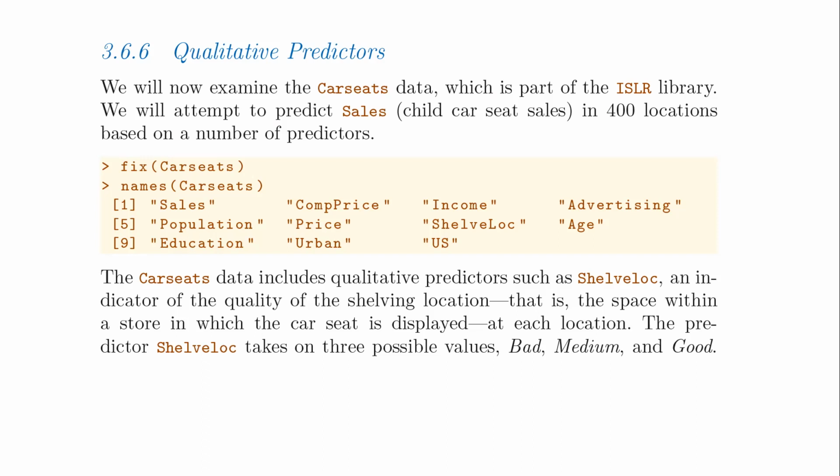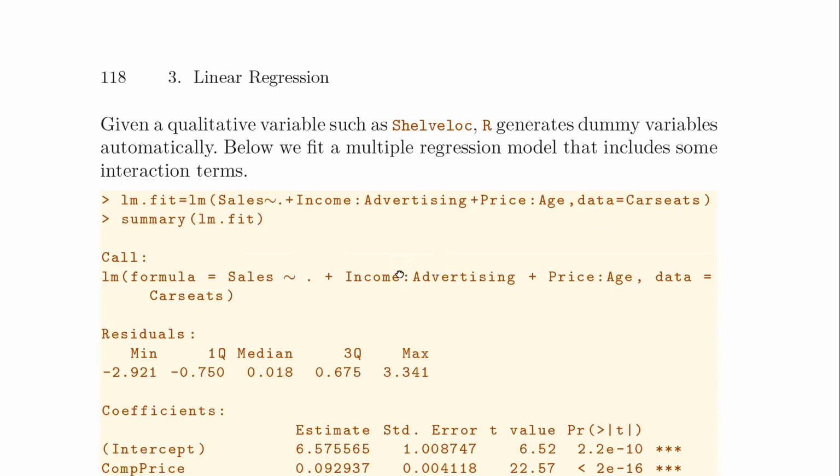The Carseats data includes qualitative predictors, such as ShelveLoc, which is an indicator of the quality of the shelving location, that is the space within a store in which the car seat is displayed at each location. The predictor ShelveLoc, and this is qualitative, right? Takes on 3 possible values: bad, medium, and good.